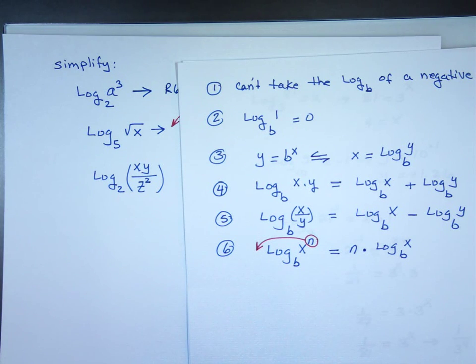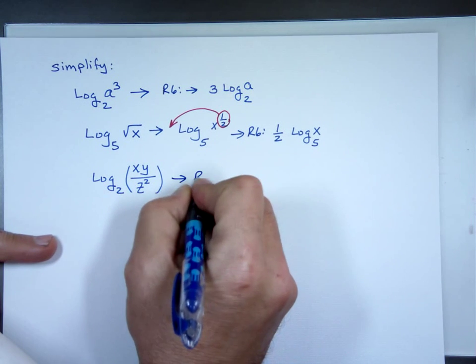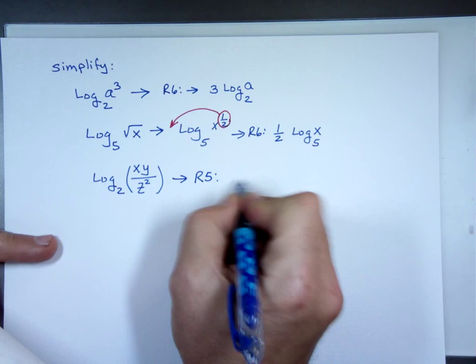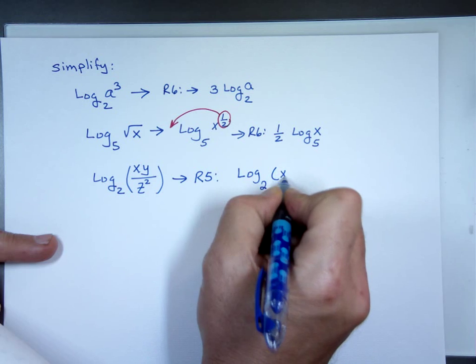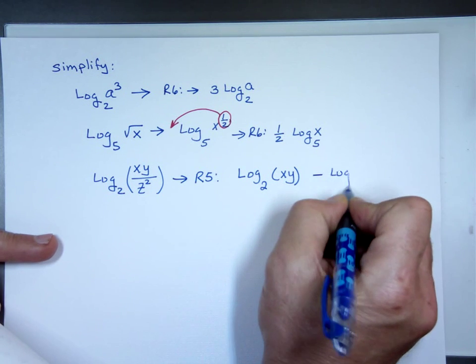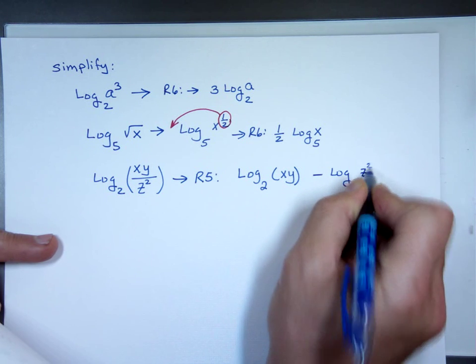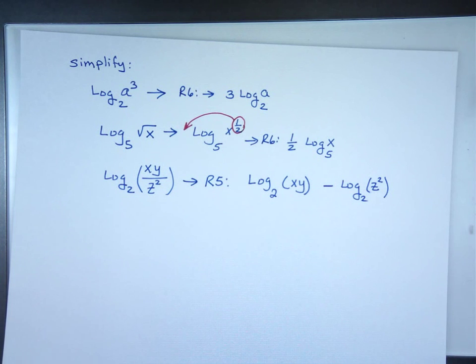Do you see it? So maybe rule number 5. So if I apply rule number 5, it should give me the log base 2 of the top, which is xy, minus the log of z squared base 2. The log of what's on the top minus the log of the bottom.